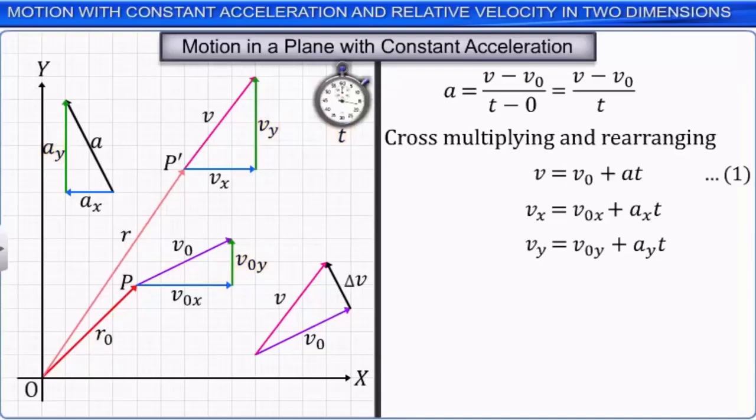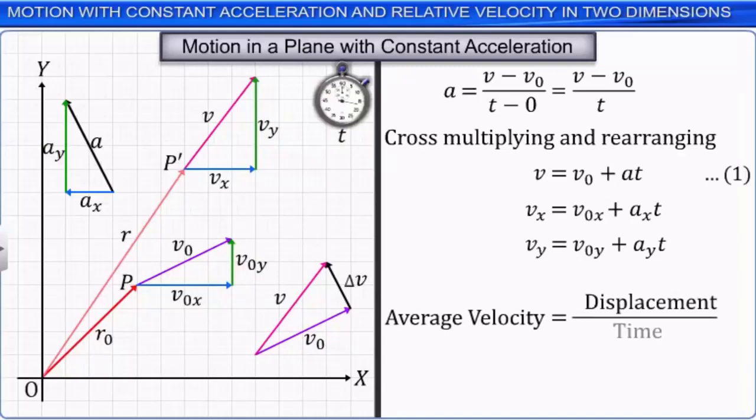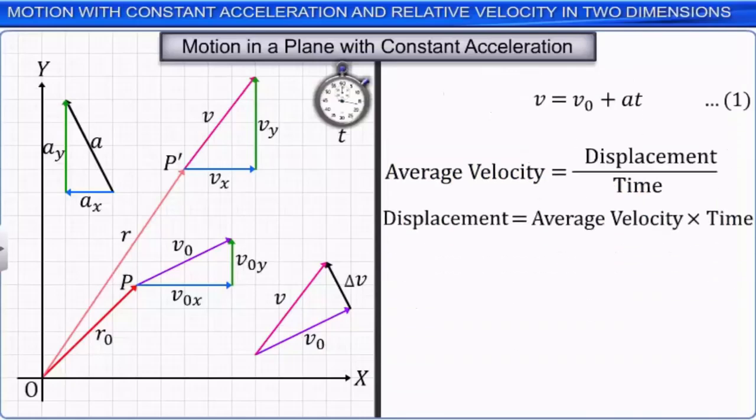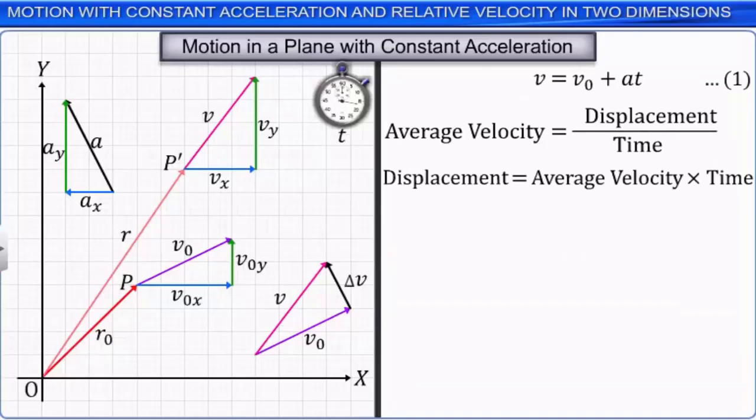As you know, average velocity is displacement divided by time. By cross-multiplying, you can write displacement is equal to average velocity multiplied by time. Substituting the values in the expression, you get r minus r0 is equal to v plus v0 divided by 2 into t.